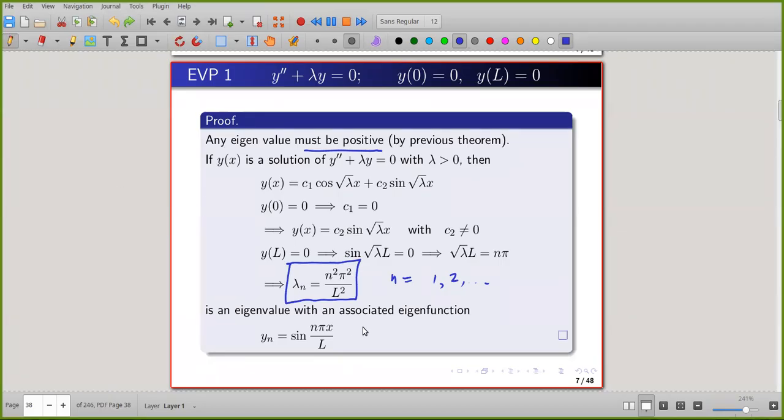The point here is that if we fix n, so we can take any n equal to 1, 2, and so on, then for this n, the solution is going to be sine root lambda x. And that's just going to be equal to sine n pi x by L.